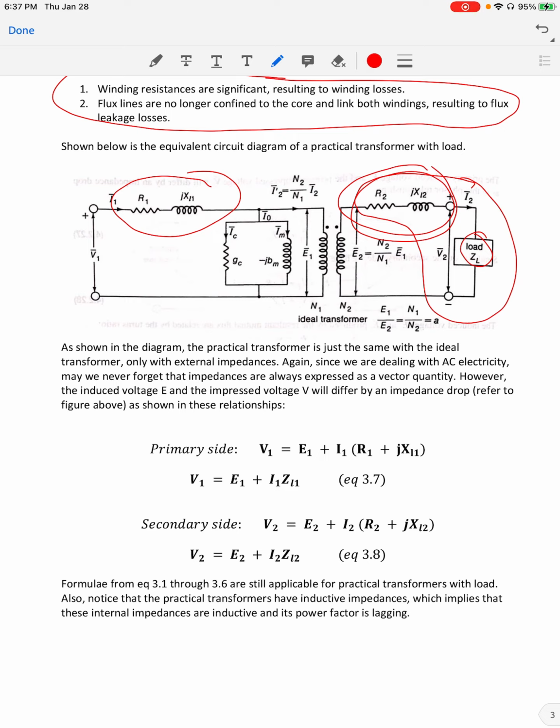For the primary side, we have V1 equal to E1 plus I1 times the line impedance. And for the secondary side, we have V2 equal to E2 plus I2 times the line impedance R2 and XL2.